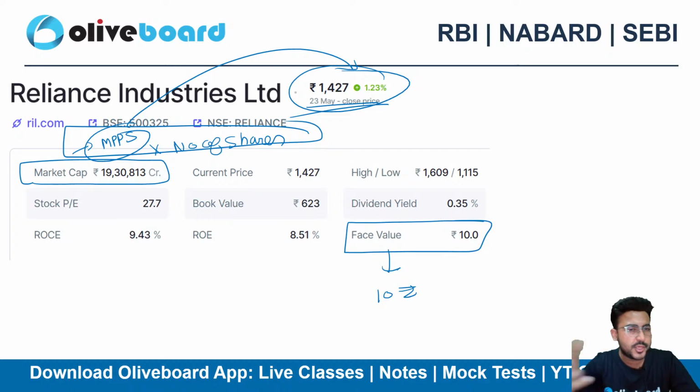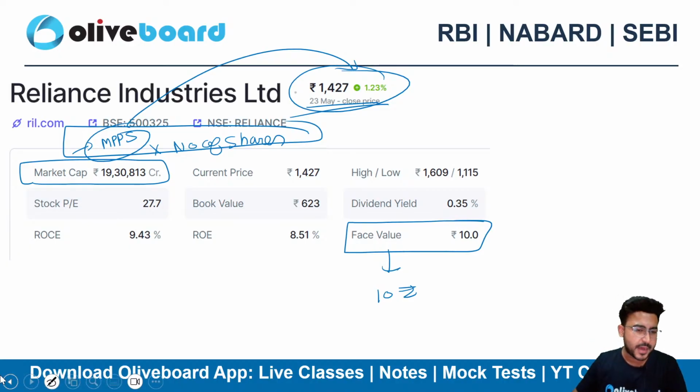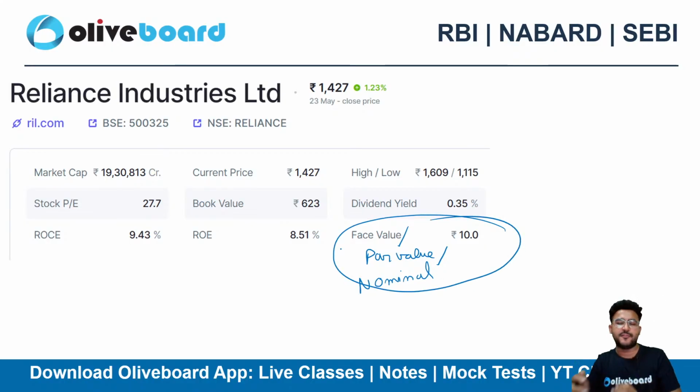So for those who think, sir, why are you teaching us this, let me tell you. In your course there is the ratio analysis chapter, and there all the terminologies will be used. All these terminologies will be very essential when you study that chapter. Okay, par value is used for corporate actions. That's true. But what is par value actually? Face value is also called par value. We also call it nominal value or face value. So this is the price which is stated on your share certificate.